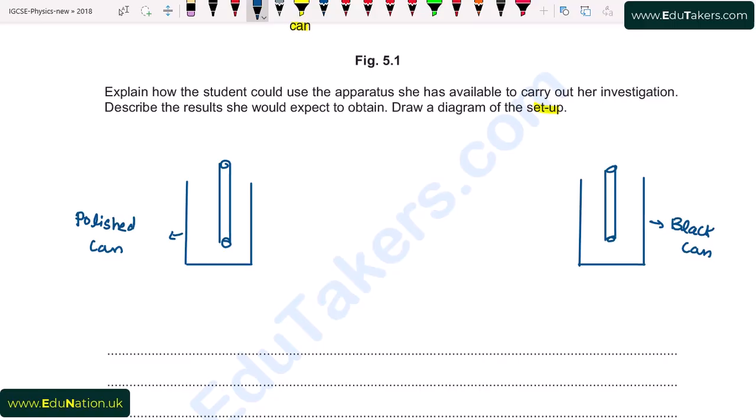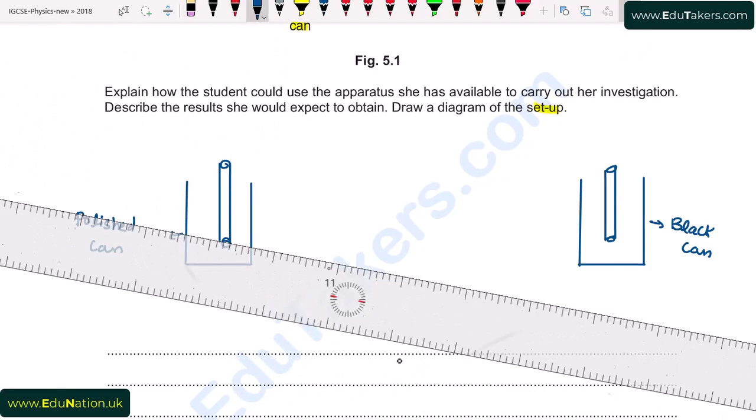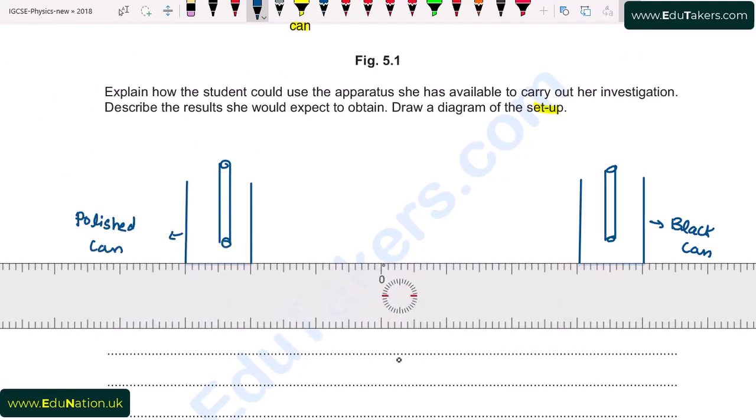So we have to place the heater in between both of these. So I am going to draw this. The heater will be placed at this position, at equal distance from both of these.